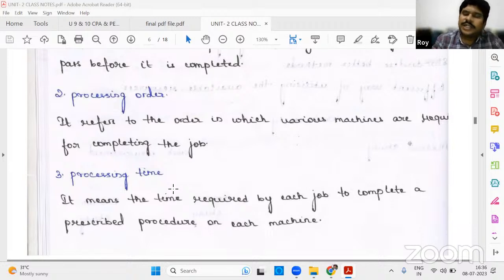In one job, that is filling the liquid, how much time it is taking to fill the liquid is called the processing time. Are you understanding what I am trying to say? To complete that particular process, how much time it will take, that is called the processing time.